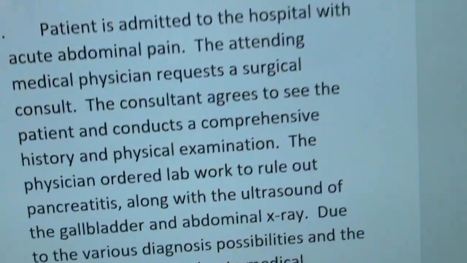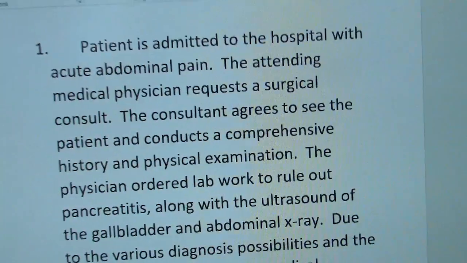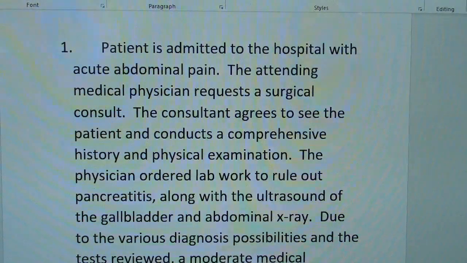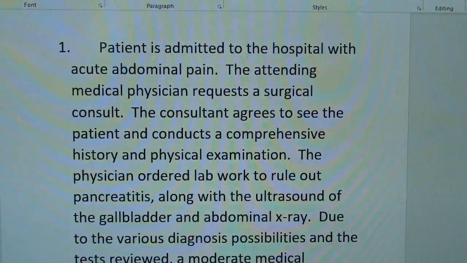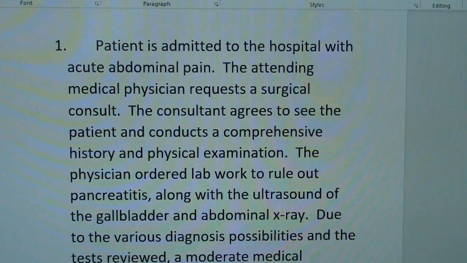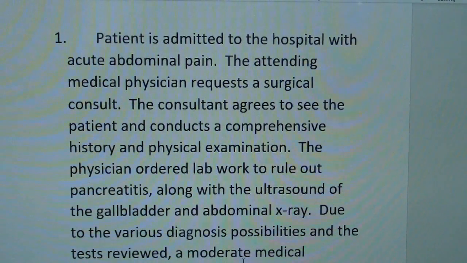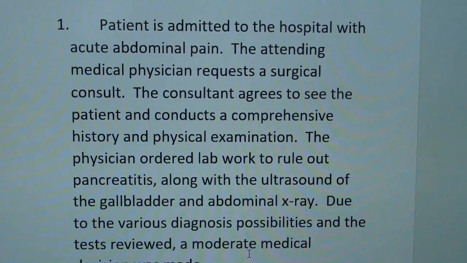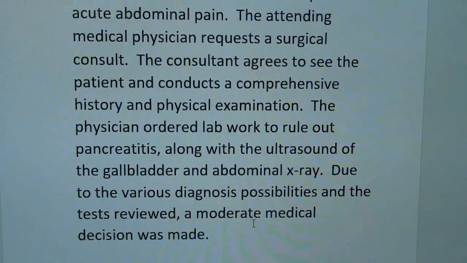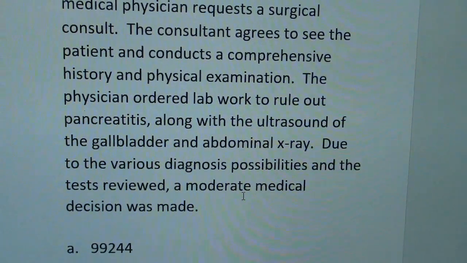Okay, your question says, patient is admitted to the hospital with acute abdominal pain. The attending medical physician requests a surgical consult. The consultant agrees to see the patient and conducts a comprehensive history and physical exam. The physician orders lab work to rule out pancreatitis, along with the ultrasound of the gallbladder and abdominal x-ray.